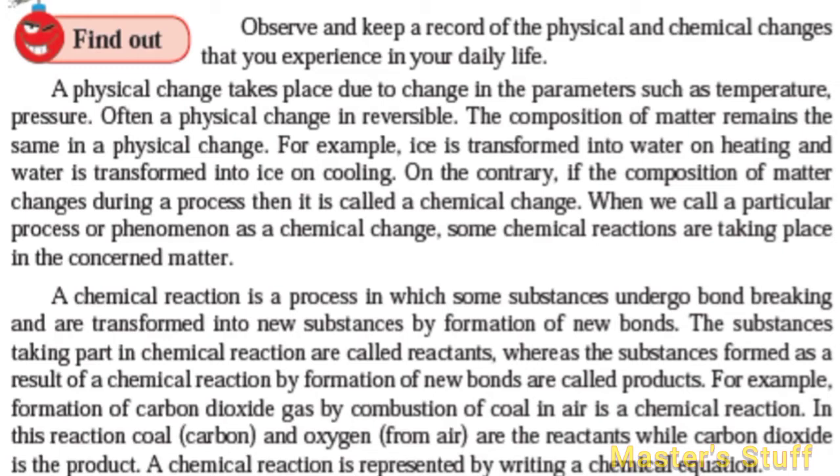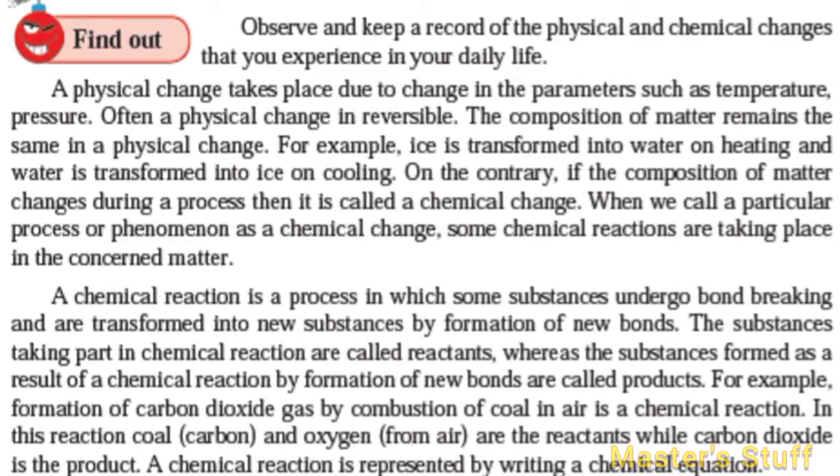When we call a particular process or phenomenon a chemical change, some chemical reaction takes place. A chemical reaction is a process in which some substances undergo bond breaking and are transformed into new substances by formation of new bonds. For example, when coal is combusted in air, carbon dioxide gas is formed. This is a chemical reaction where the carbon from coal and oxygen from air react, while carbon dioxide is the product.